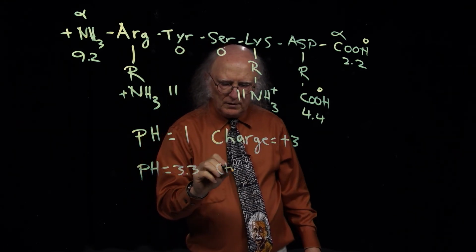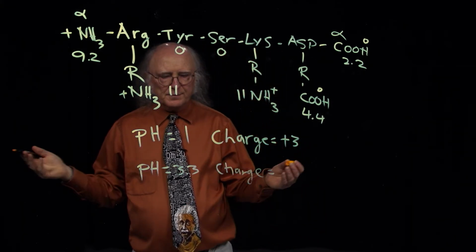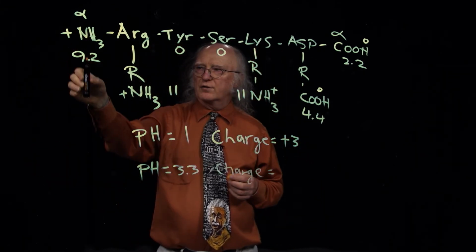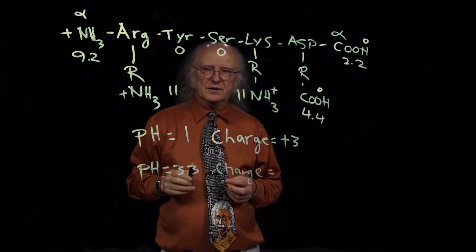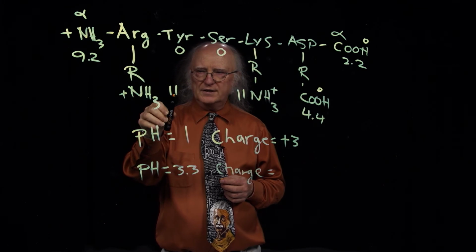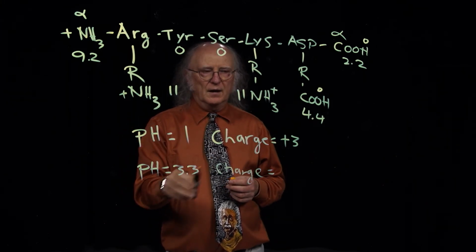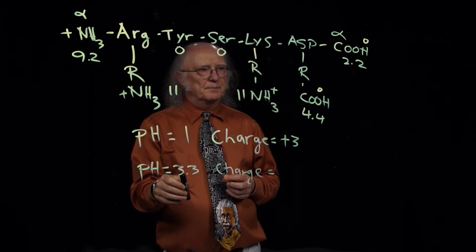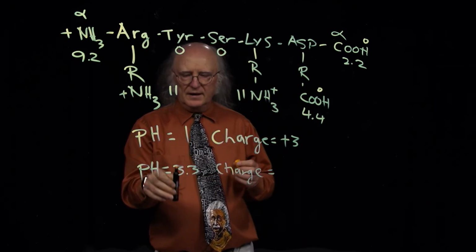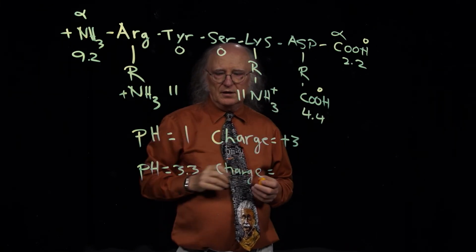Okay. Well, what would that be? Well, let's apply our rule again. 3.3 is more than 1 unit below this one. The proton would remain on here. 3.3 is more than 1 unit below this one. The proton would remain on. Same thing here. Here we have the pH more than 1 unit below the pKa values, so the proton remains on.